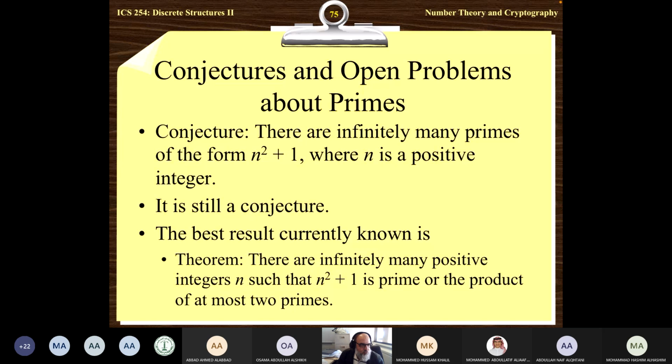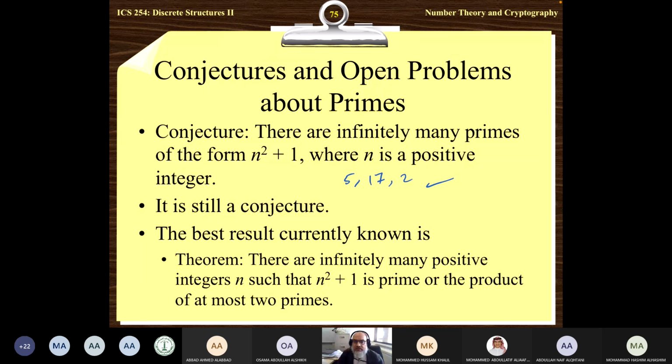Nawaf said 2, which is 5, and 17. Mustafa, 17 is what? 4 squared plus 1, right? 16 plus 1 is 17. And Mishaal said 2, which is 1 squared plus 1, also correct.